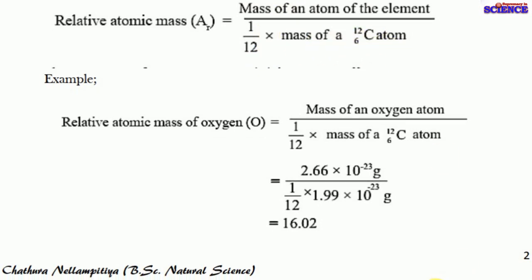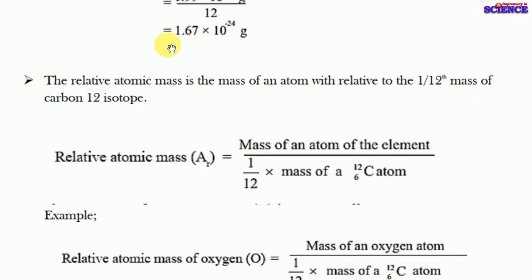So let's see this. We take the original mass of the oxygen atom in grams. Then what do we do? We have a standard number, that is the atomic mass unit, that previous number, this one.